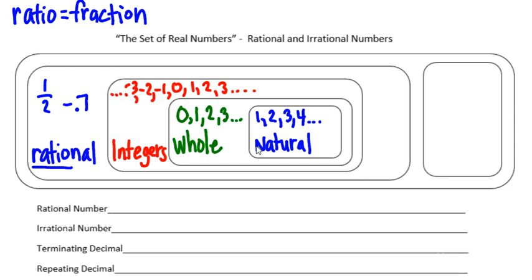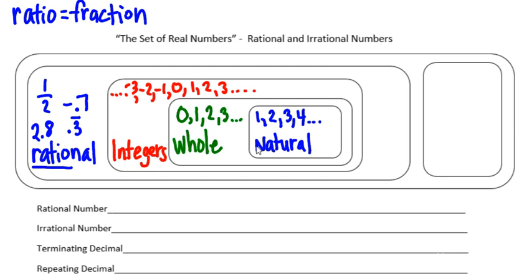So if I had 0.3 repeated, that is rational. These are all rational numbers, and they could have another number in front of them. Let's do 2.8. That is a rational number. I could write every one of those as a fraction. So rational numbers have decimals that either terminate or repeat, and we'll talk more about that tomorrow.